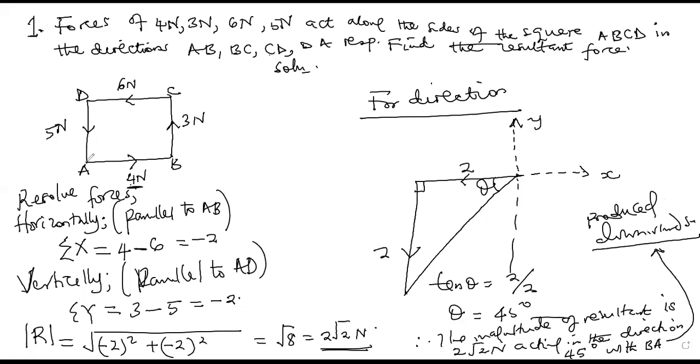This is BA, but it is produced downwards. So one can conclude like that. Or acting at 45 with the negative x-axis. So still that one will carry sense when you conclude.